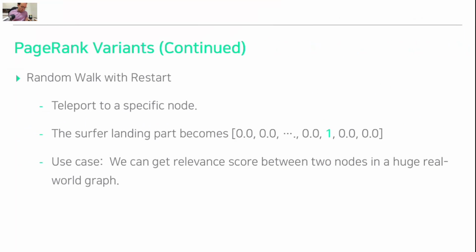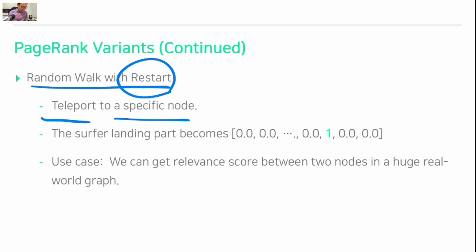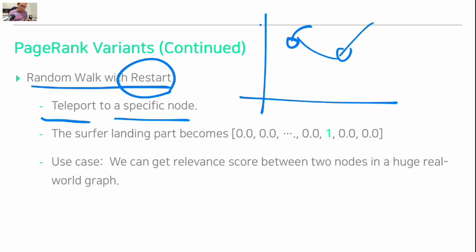And we have another variant which is called random walk with restart. We can teleport to a specific node. So it is from restart, right? It is totally from the one node perspective, even though the graph is constructed like this, right?